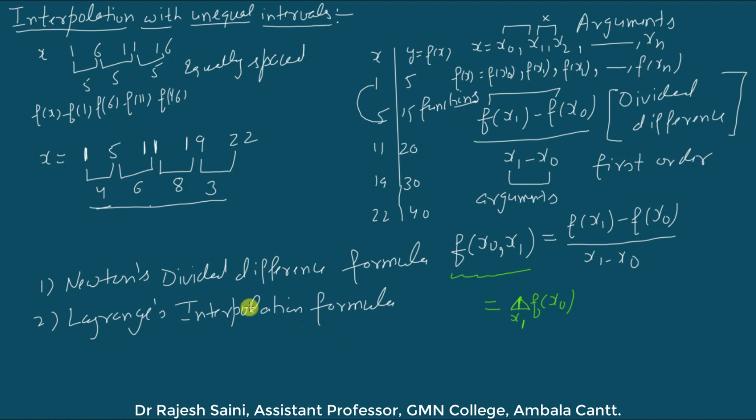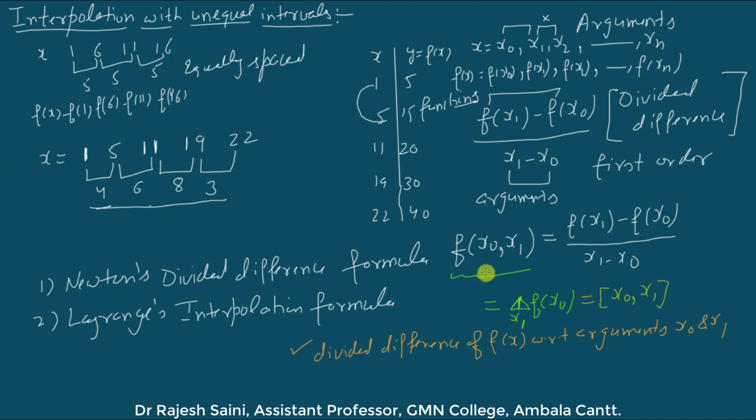So you will read it as the divided difference of f(x) with respect to arguments x0 and x1. It is also denoted within square braces, where you write the arguments x0, x1 with respect to which the divided difference is being taken.